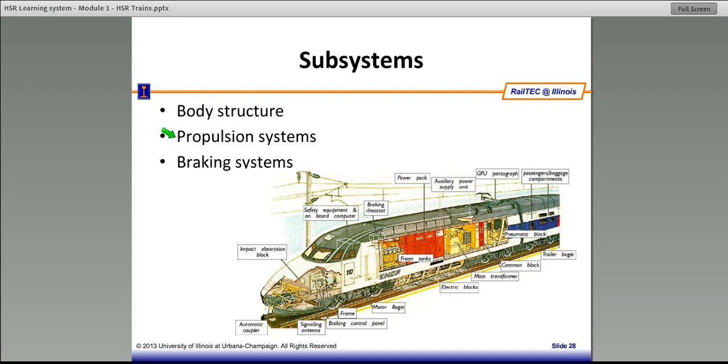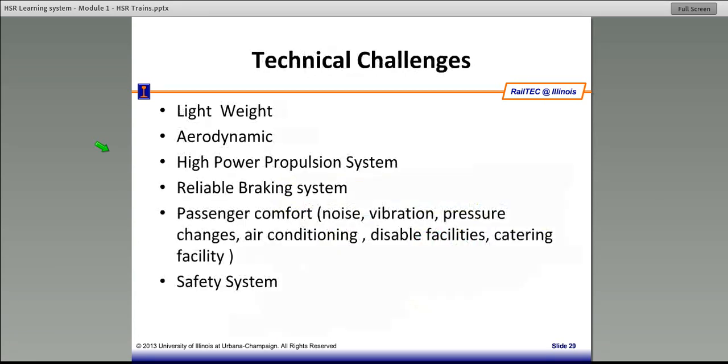And we will look at part of the propulsion system, to see how you make a high-speed train high speed. And then we will look at the braking system. Okay, so these are the three subsystems we will be looking into, to see how a high-speed train is different from other trains.